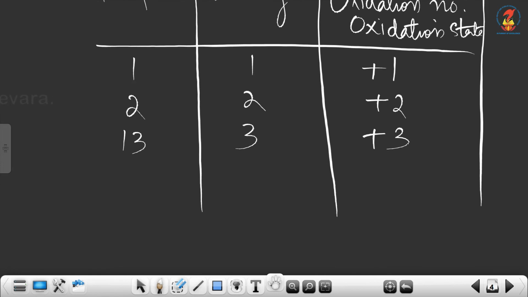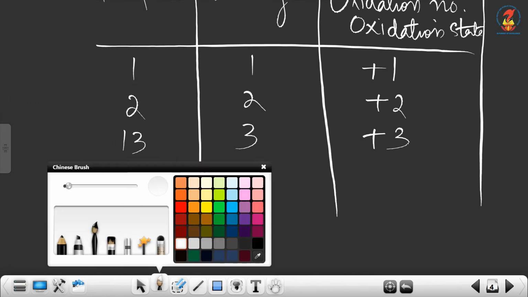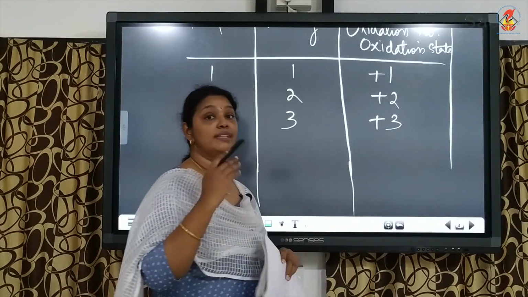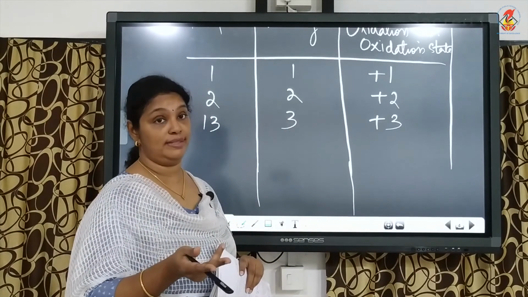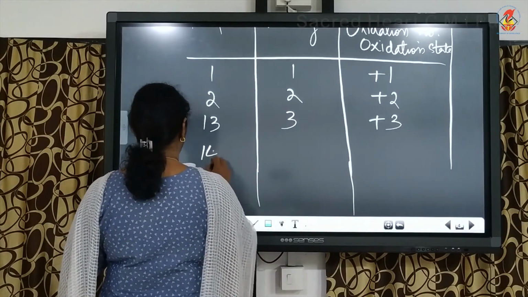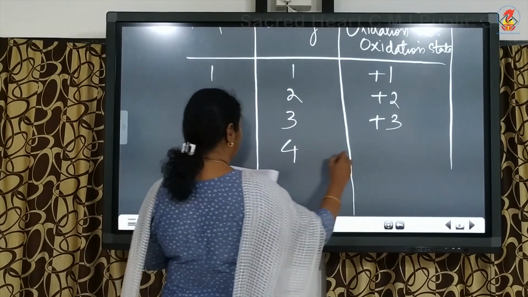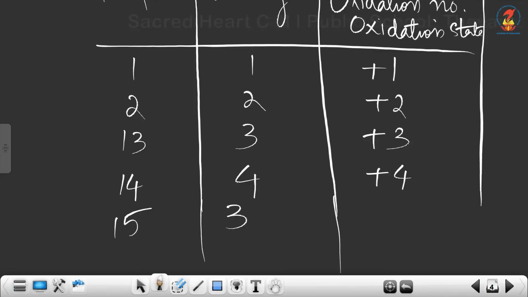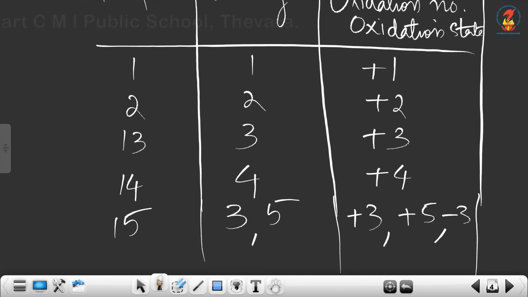Now when you see this valency and oxidation number, you know that plus shows electrons are easily lost. Now group number 14, valency is 4, so +4. For 15, it can show two valencies, 3 and 5, and the oxidation states are +3, +5. It can also show -3.